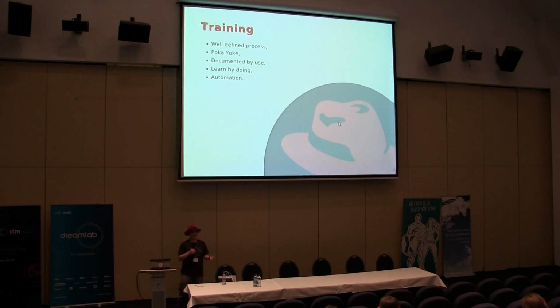So poka-yoke is a similar thing. Like when you are copying a file, if you do it from the command line, you can specify a path that doesn't exist, and that's an error. But if you are doing drag and drop, that's an error that you cannot possibly make, right? Because you have to drop it somewhere that exists. That's an example of poka-yoke.